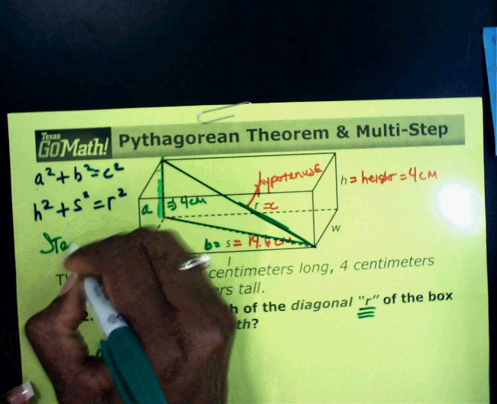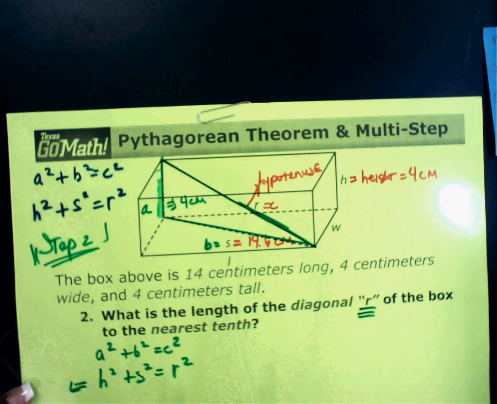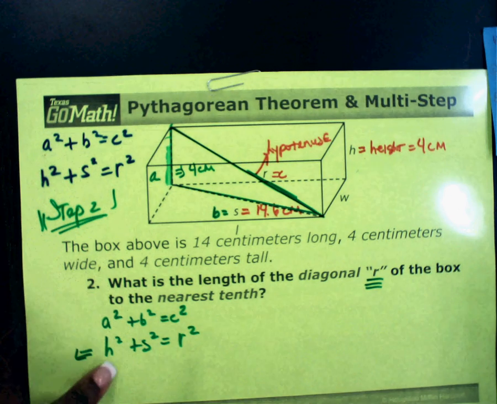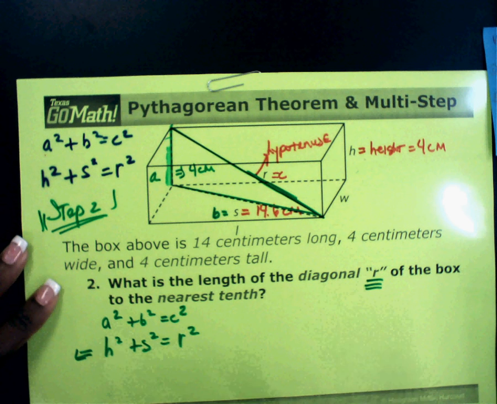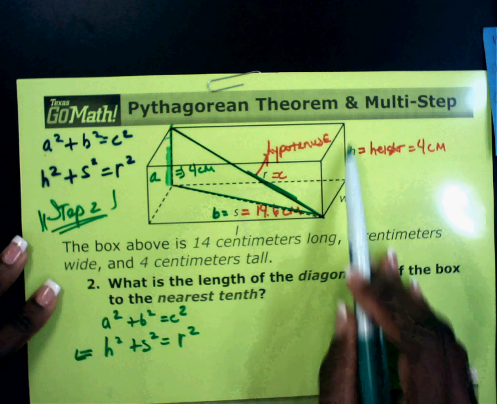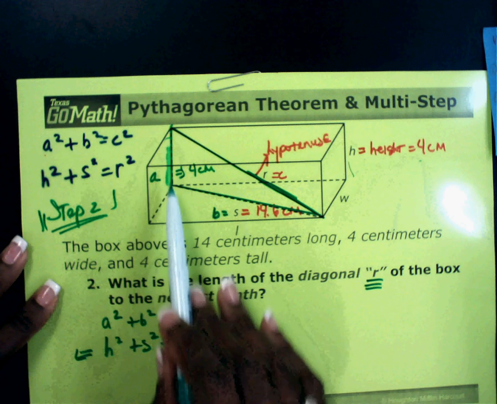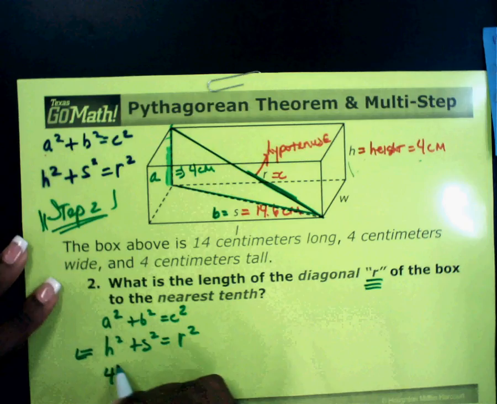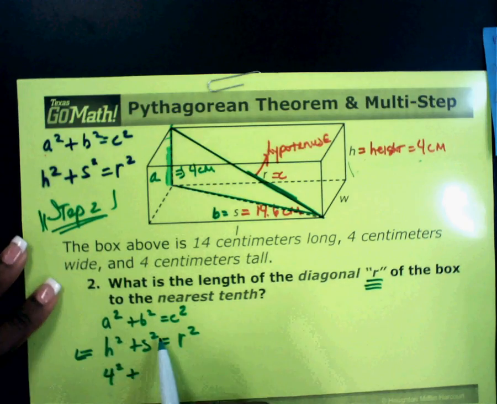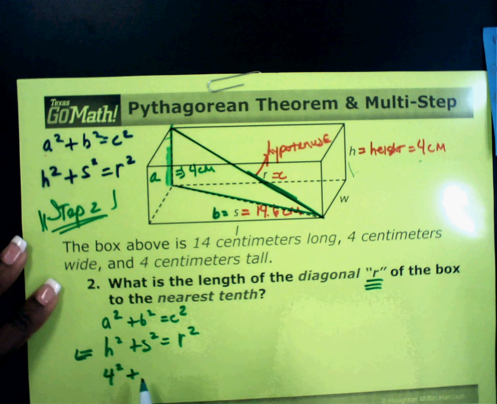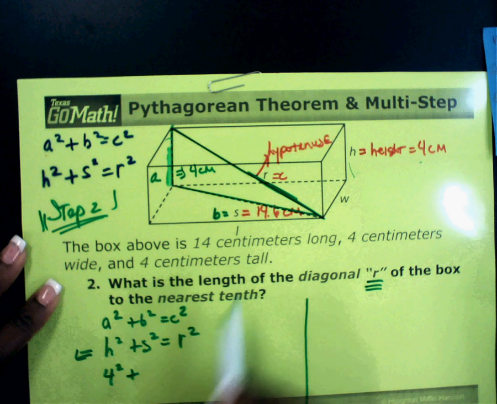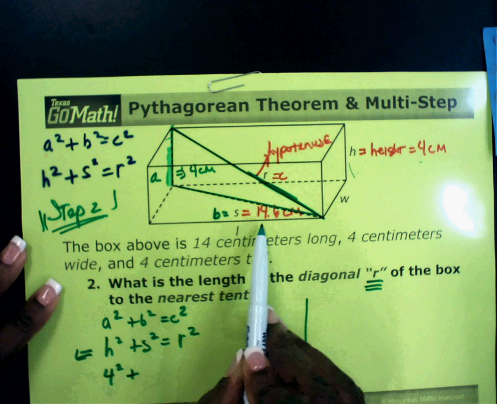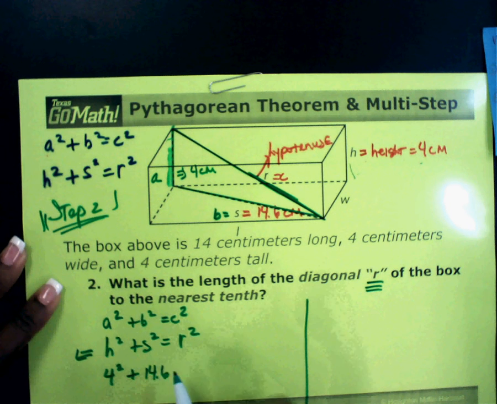Now we can substitute in the values of h and s, and then solve for r. h is 4 centimeters, the same thing as our A. So we have 4 squared plus S squared. I'm going to show you two different ways to get to the same answer. We know that S is equal to 14 and 6/10, so we square it, and that equals R squared.